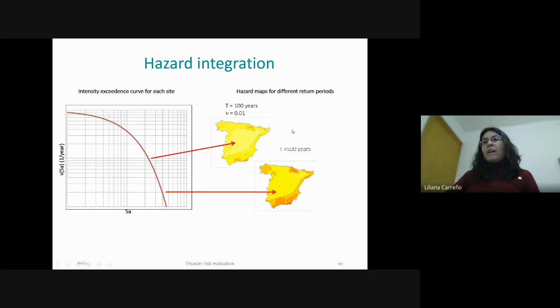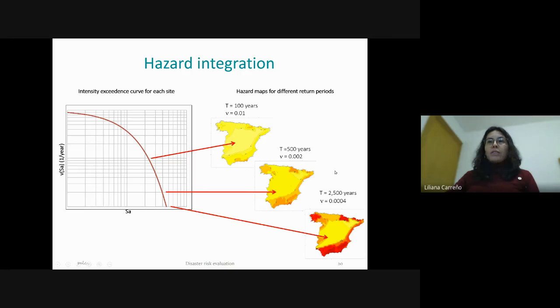Here you have the seismic hazard map for a 500 years return period and 2,500 years of return period. All this information can be extracted from this type of curves.